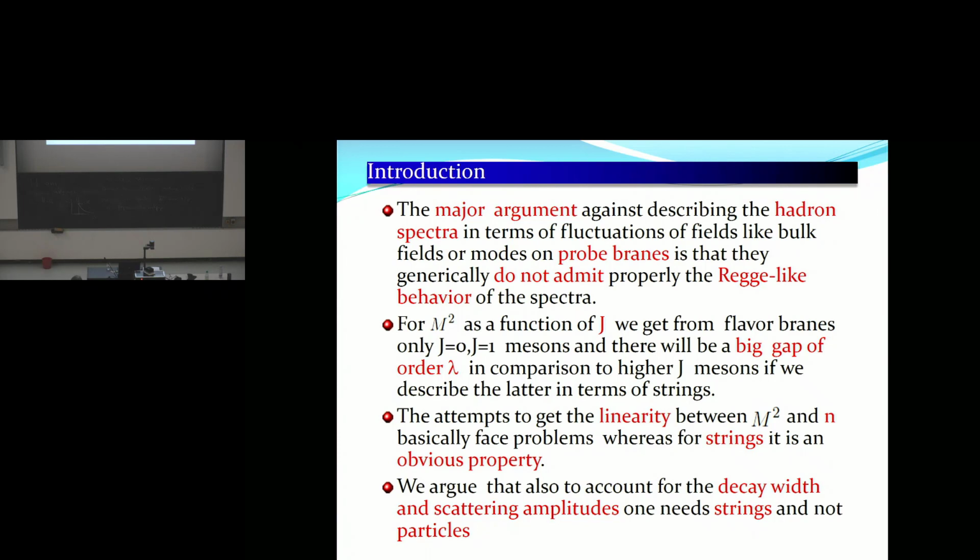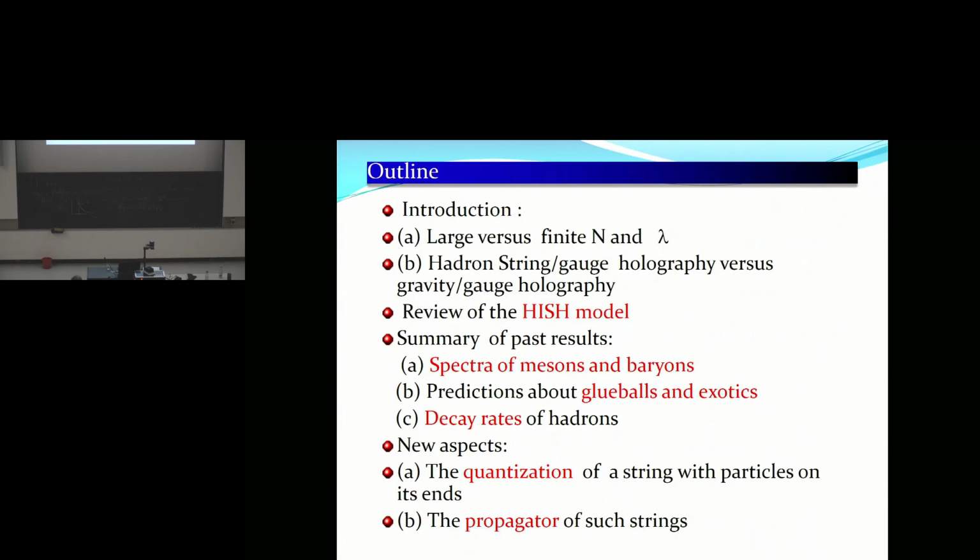Apart from the intercept, the Regge behavior is a classical property of strings. You have to work very hard to get this linearity between M squared and N and M squared and J in a holographic model. I don't think that you can honestly get it to work. But on the other hand, in a stringy picture, it is trivial.